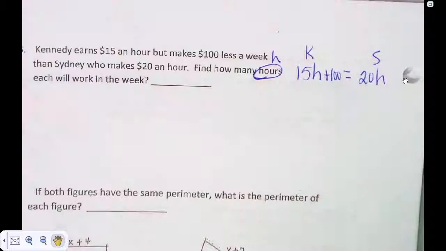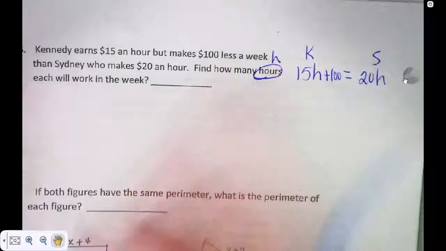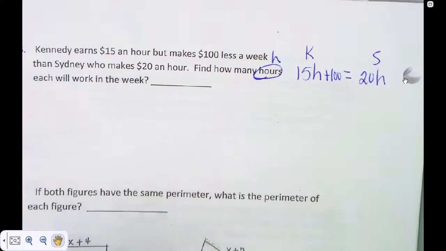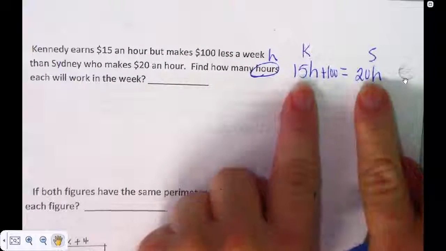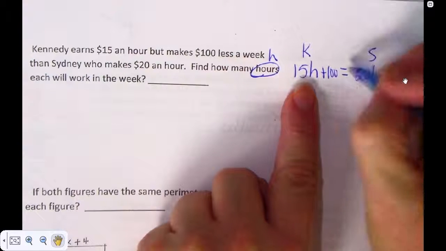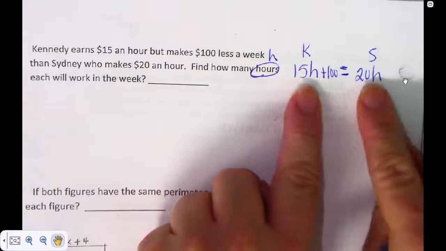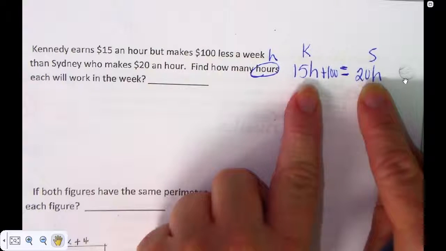I'm trying to find H, the hours they work. I have to use what they give me and try to set an equation up that has H in it. Well, I know that Kennedy makes 15 an hour and Sydney 20 an hour. I want them to be equal. Well, they're not equal.